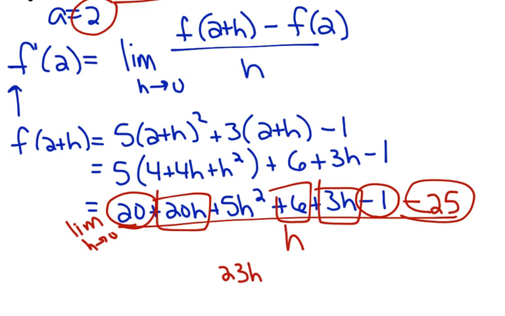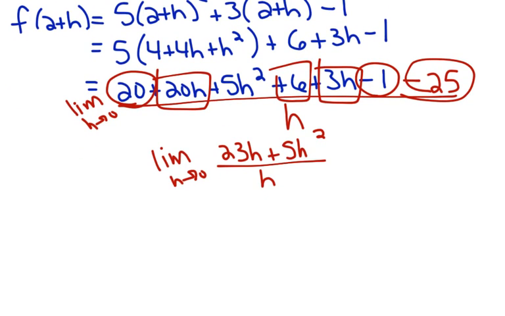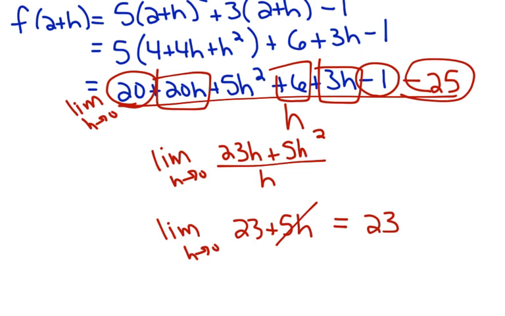I still have 23h and 5h squared, and then I'm going to divide everything by h and then find its limit. When I divide everything by h, I get 23 plus 5h. And now the limit as h approaches 0, this goes away and you're left with 23. And that's the derivative. The derivative is just the slope of the line.